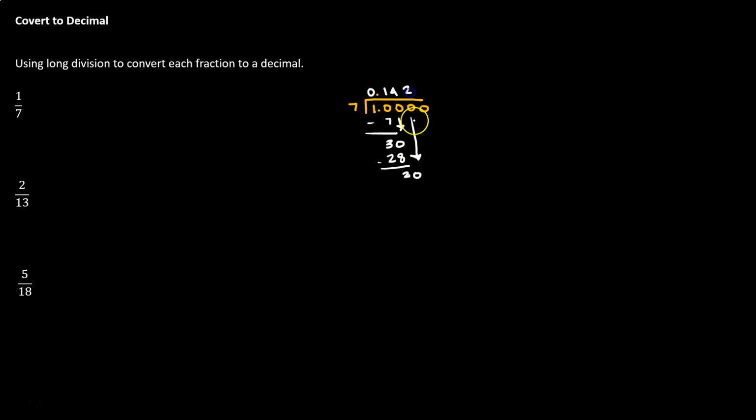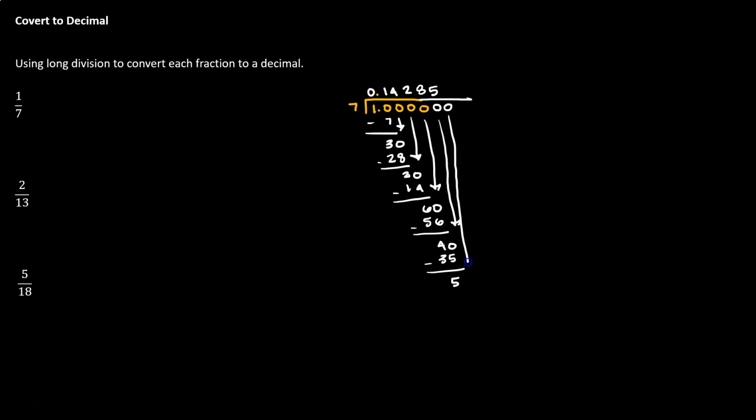7 goes into 20 twice, with 6 left over. 7 goes into 60 8 times, with 4 left over. I need more zeros than I thought, so I bring it down. 7 goes into 40 5 times, with 5 left over. 7 goes into 50.